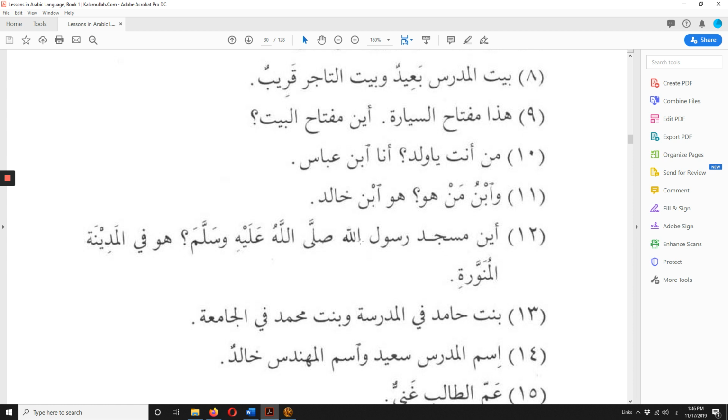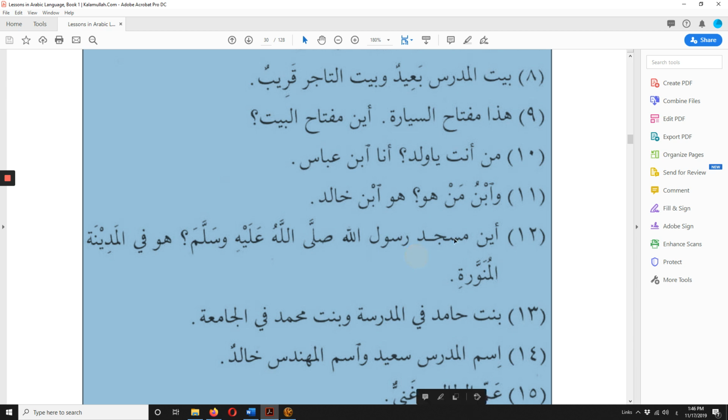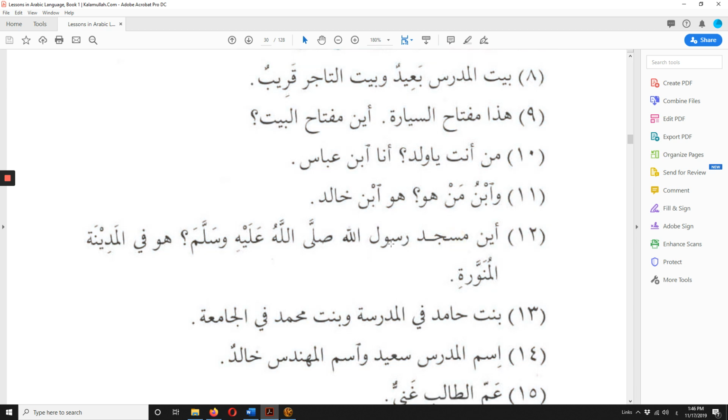أين مسجد رسول الله. So here, Rasul possesses masjid. So أين مسجد رسوله. And then Allah possesses Rasul. So أين مسجد رسول الله صلى الله عليه وسلم. هو في المدينة المنورة.